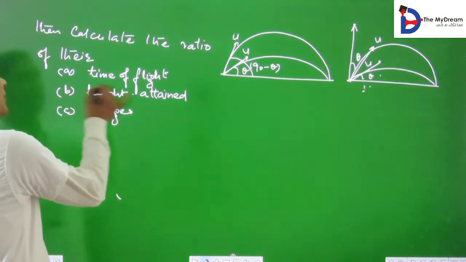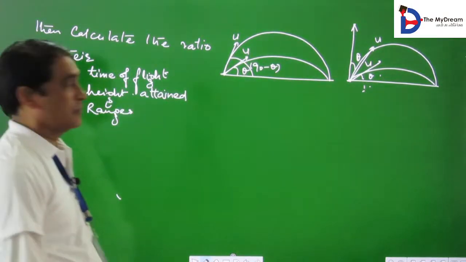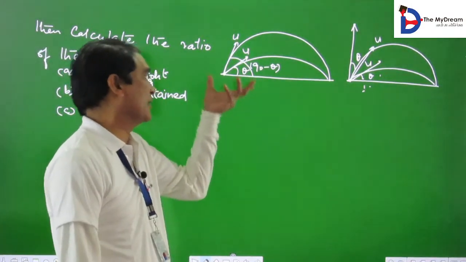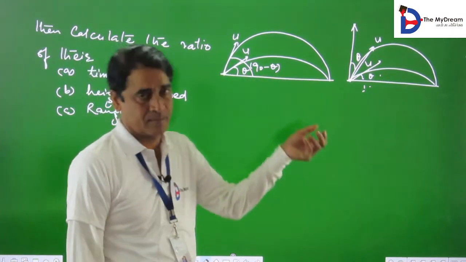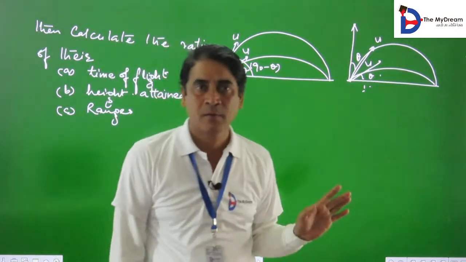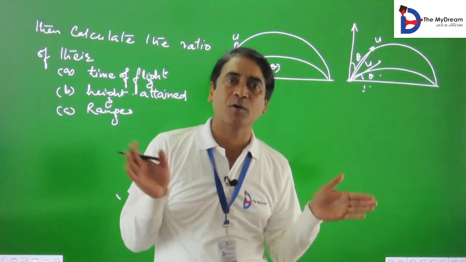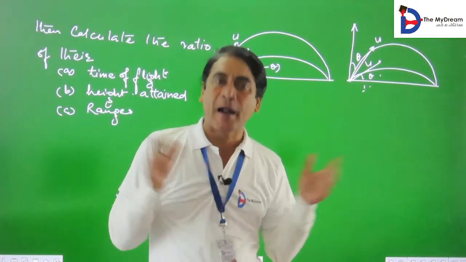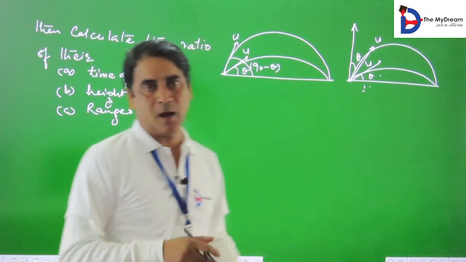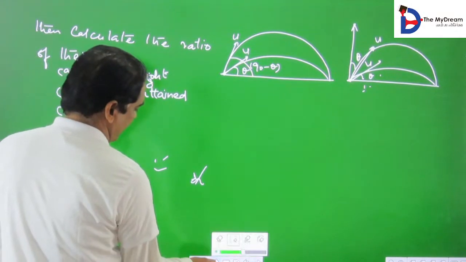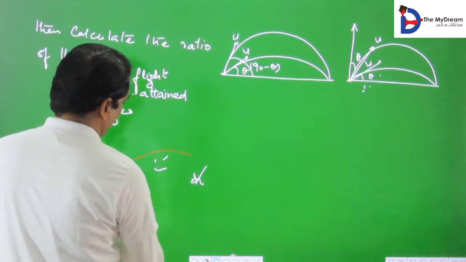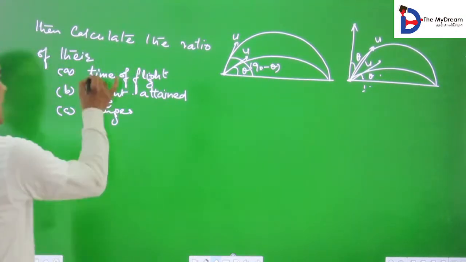So first of all we are talking about the time of flight. If the two objects are thrown with the same velocity, making an angle theta and 90 minus theta with the horizontal, then calculate the ratio of their time of flight, height attained, and their ranges. Now we are talking about the time of flight.